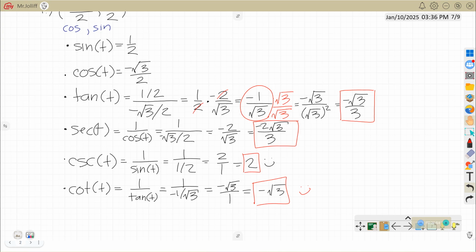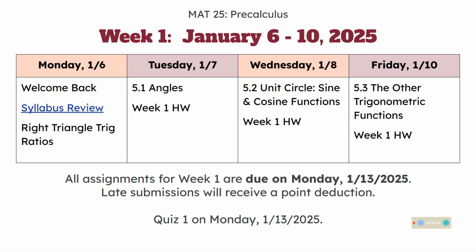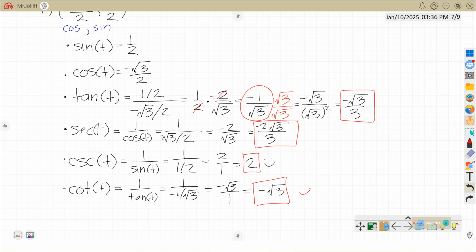Also notice when cosine is in, nope, that's not what I wanted to do. Let's try that again. When cosine is negative, right, here was our initial negative. Look at the others that end up negative.